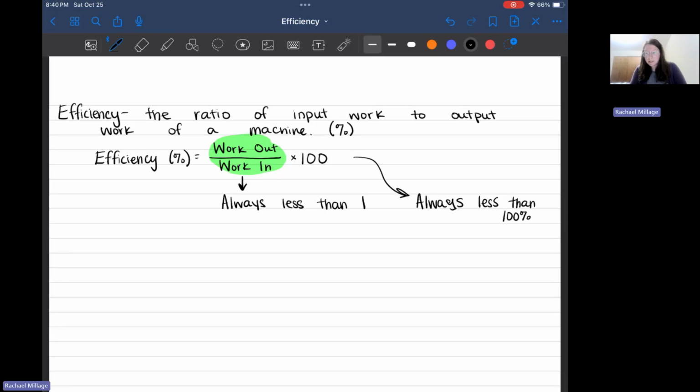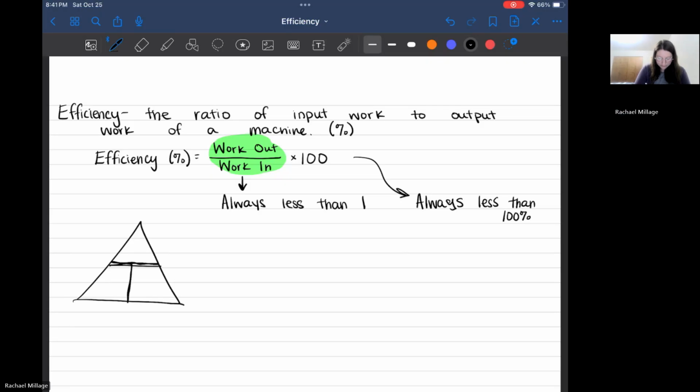We could also put this into a triangle if we really wanted to. If I have a triangle here, on the right side of my equation, I have a fraction, right? I have something divided by something else. So what's on top is going to go on top of my triangle, which is work out, and then work in is going to go on the bottom of my triangle.